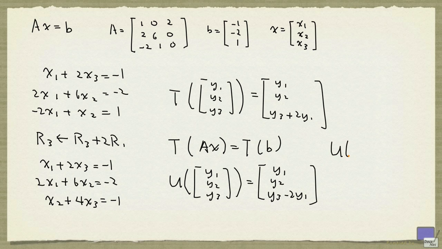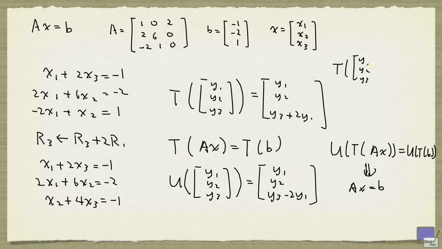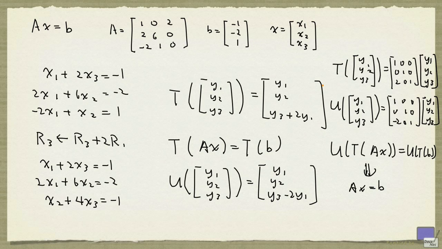And one can easily check that U of T of Ax equals U of T of b is precisely Ax equal to b. And we can write T and U in matrix form. T can be written as follows, and U can be written as follows.